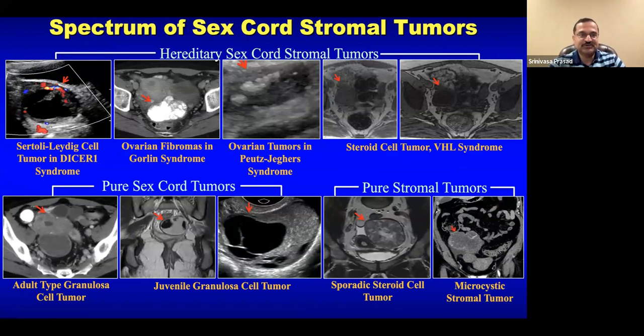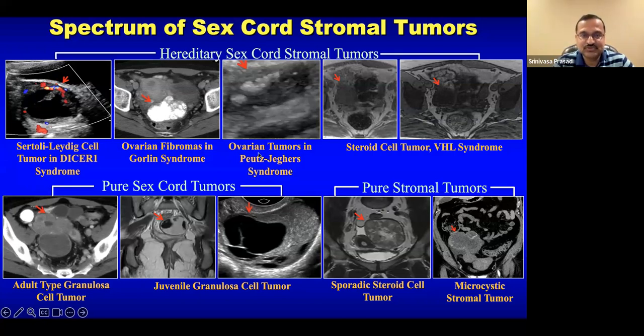Now, there is increased interest in understanding the genetic makeup of the so-called non-epithelial ovarian tumors. And again, these are some rare hereditary sex-cord stromal tumor syndromes that are associated with specific histopathology. For example, in patients with Dicer-1 syndrome, they get Sertoli Leydig cell tumors, and classic calcified fibromas are seen in patients with Gorlin syndrome, again, another rare tumor.